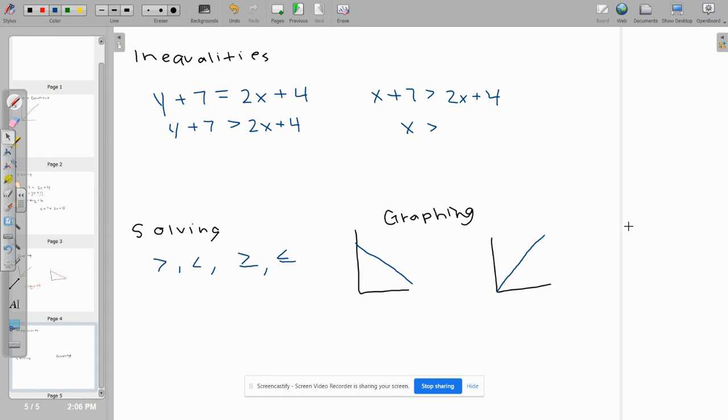Once we dive deeper into it in the unit, it'll make more sense as to what these inequalities mean when we're talking about graphing. So a quick example would just be like y is greater than x plus 2.